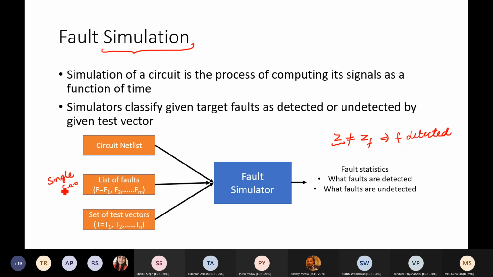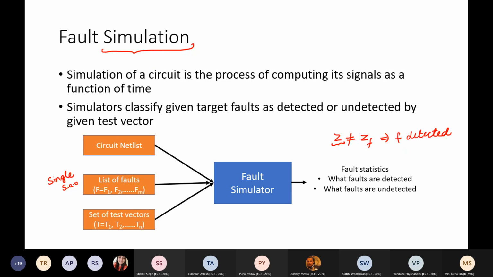So एक एक stuck at fault consider करेंगे and we give the test vectors to it and see if this condition is satisfied or not. If for any test vector this condition is not satisfied, we say that the fault is detected.